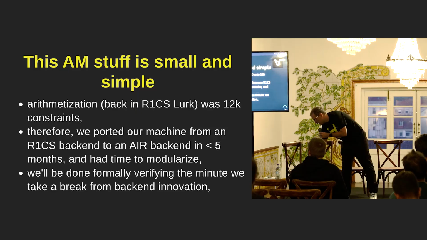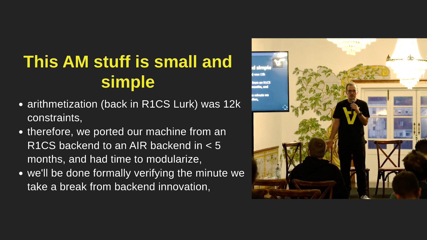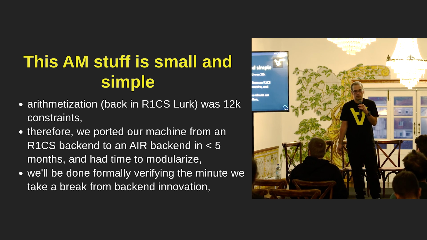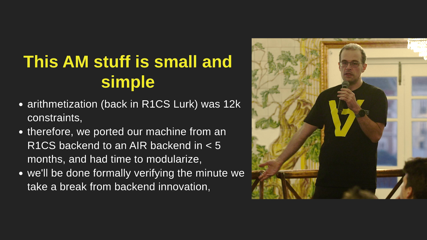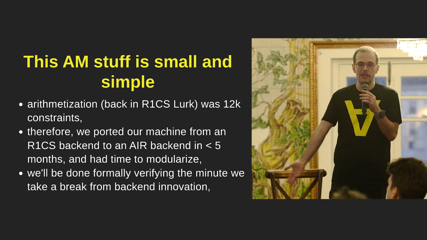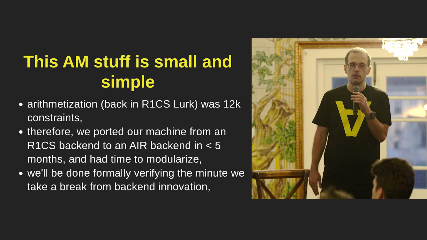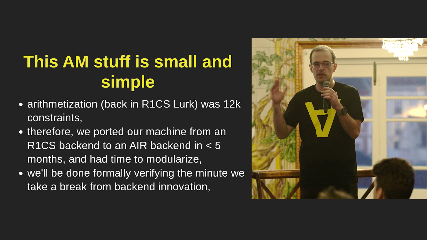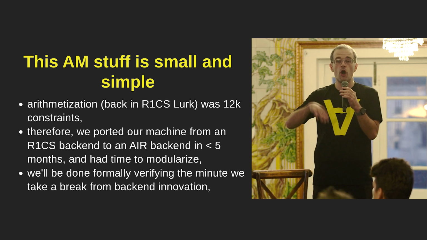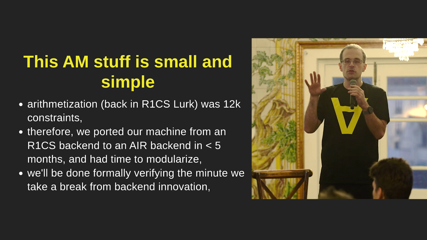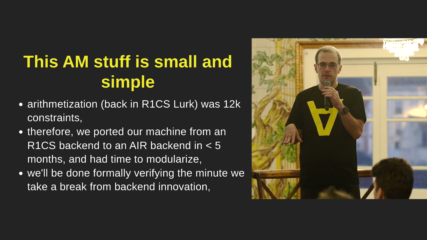Cool. Now, what are the consequences of that, and why do you care? This kind of arithmetization is small and simple. Back in the days where we were only doing R1CS, now we are highly dependent on lookups, so the straight count doesn't really mean anything. But when we were doing only R1CS, we needed on the order of 12,000 constraints to make this.